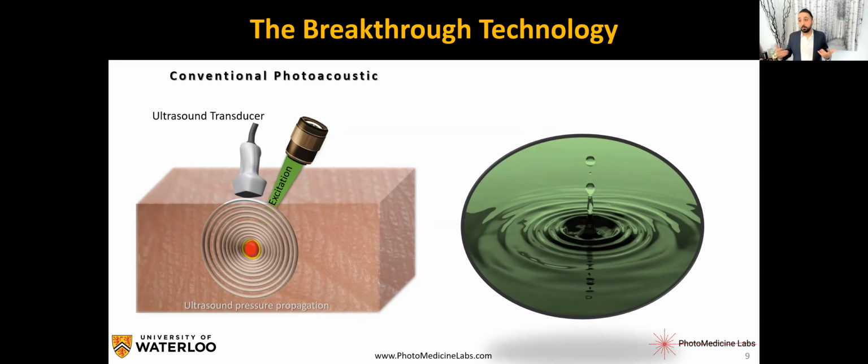And the laser is going to get absorbed by the target. So in this case, let's say we have a red blood cell. The absorption is going to cause some sound or ultrasound. And then you are waiting for ultrasound signals to come to you at the surface using ultrasound gel and a transducer. So basically what we measure is ultrasound pressure propagation.